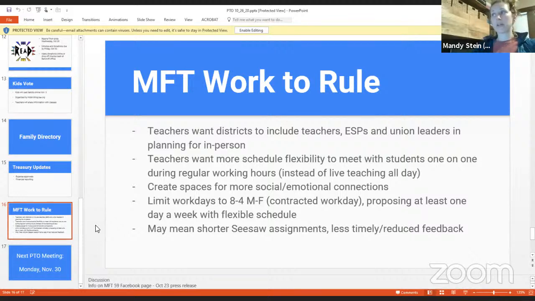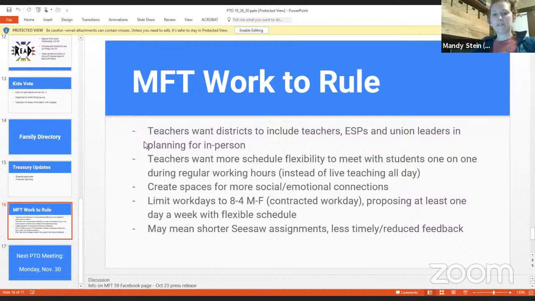And I don't know a ton about this other than what was in the press release, but Paul suggested it was something that we have up for discussion. I feel like I support this, absolutely, just as a parent on my own and just seeing how hard the teachers are working right now.